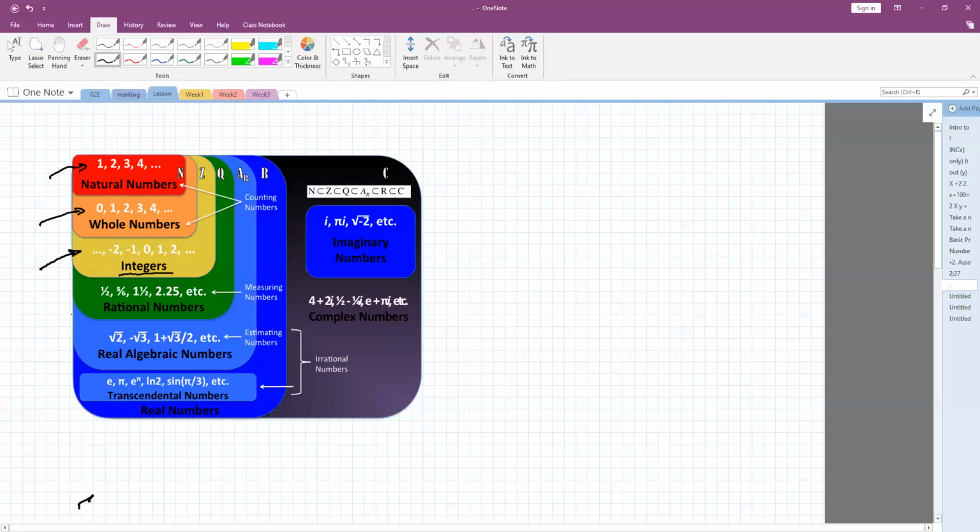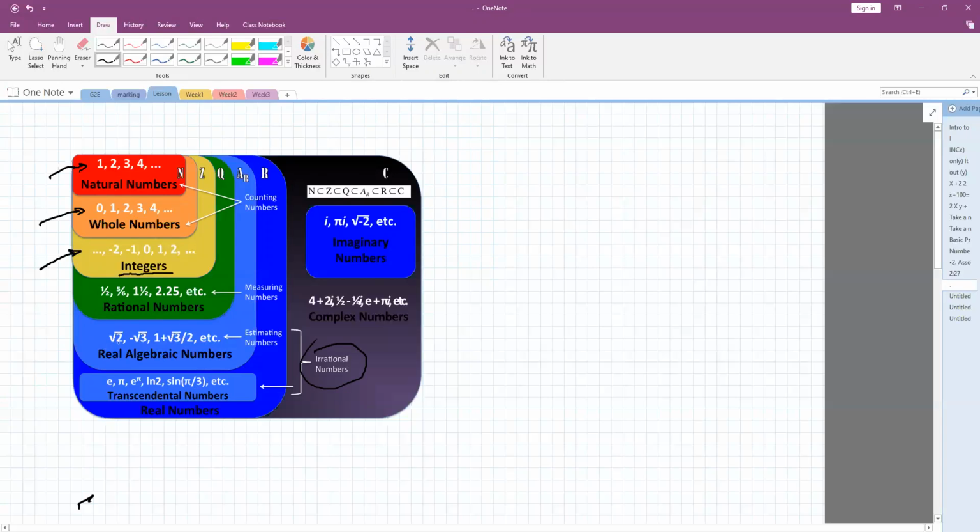Of course, in mathematics, there are some other numbers. For example, rational numbers, or you know it as fractions, like 5/6. And then we also have so-called irrational numbers, which include the square root of something, for example, square root of 2, square root of 3, and so on.